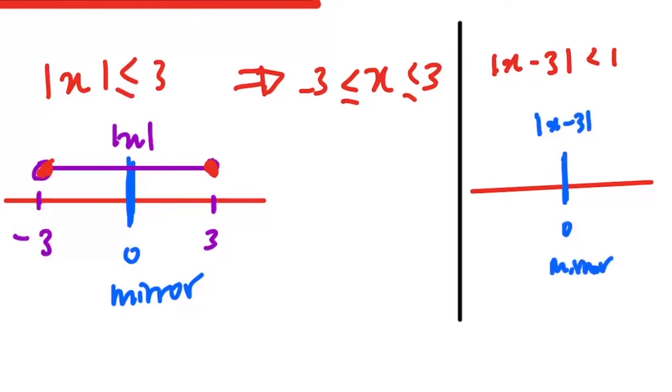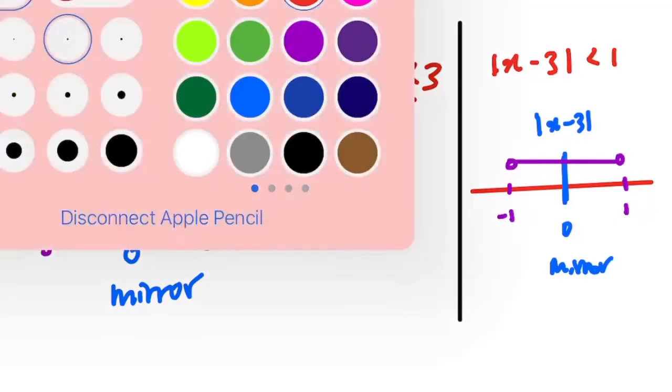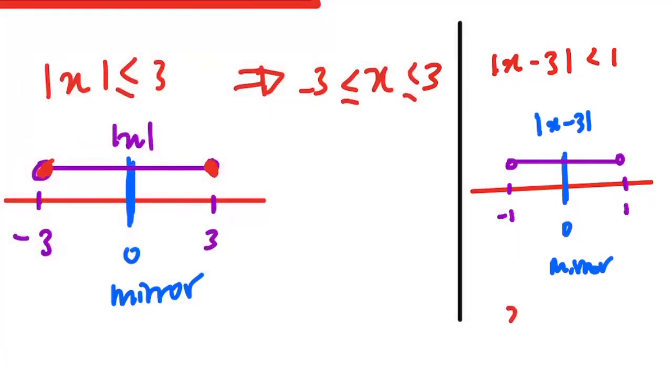Now this is less than 1. Draw a line. Since this is a mirror, this is the reflection with the same distance, so it is minus 1. So let's open up your answer. x minus 3 is less than 1, and this is more than minus 1.